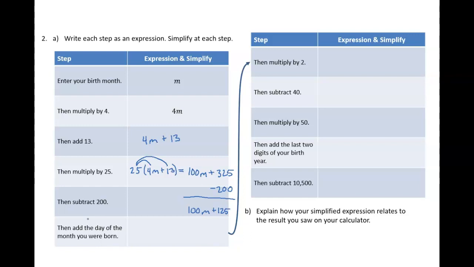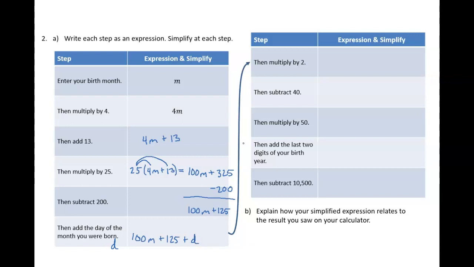And now we're going to add the day of the month you're born. Now, there's another unknown, right? We don't know what day the person was born. So maybe we'll use a variable for this. Day, maybe the variable d. So we'll do 100m plus 125 plus, now we're adding the day they're born, d.